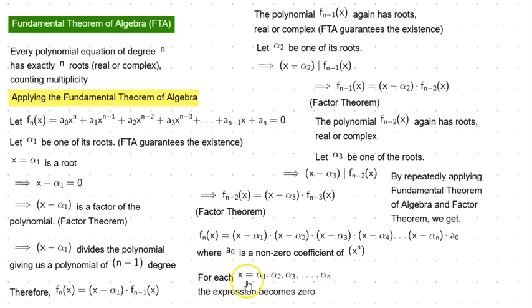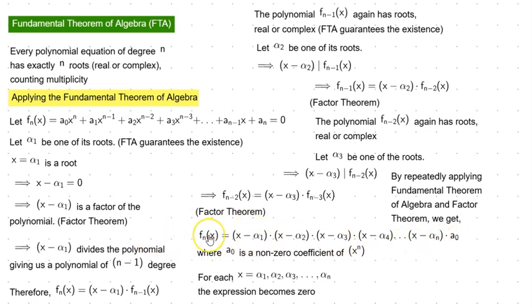Now, for each x equal to alpha 1 or alpha 2 or alpha 3 up to alpha n, the expression becomes 0. If we say x is equal to alpha 1 and the others are whatever, then what happens? x minus alpha 1 becomes 0 because we would have alpha 1 minus alpha 1. If this becomes 0, the entire thing becomes 0.